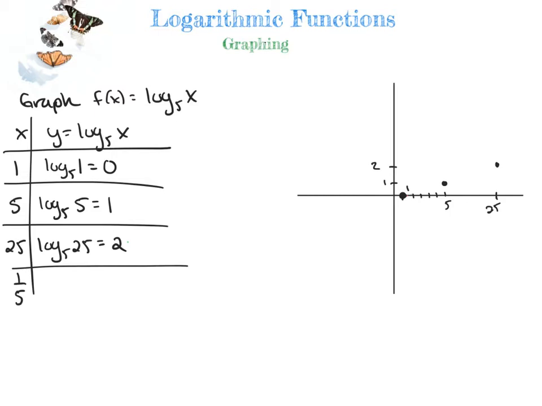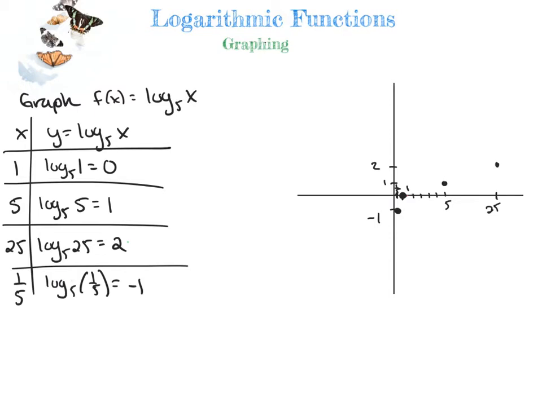And on the left portion of the graph, log base 5 of 1/5. Okay. What exponent do I put on a 5 to make it a 1/5? Make it a negative. Now it's going to be difficult to plot. X's 1/5 is here, as -1 for the y's goes down here.